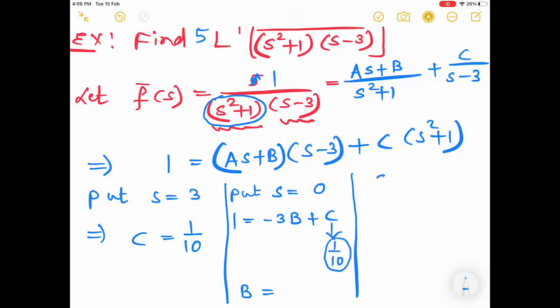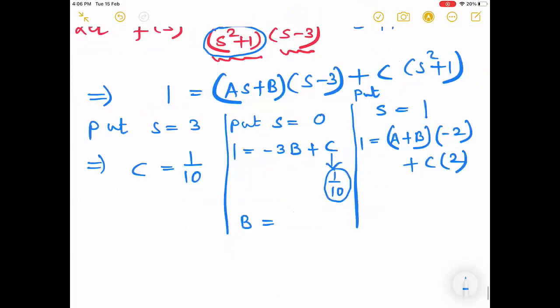Similarly, if I put s equal to 1, just random values you can put, and by least values I mean 0, 1, minus 1, 2, minus 2, so that the calculations are not so difficult; otherwise it will give you some error. So the left hand side 1 equals A plus B into (1 minus 3), which is minus 2, plus C into (1 plus 1), which is 2. Have you got the answer for B?